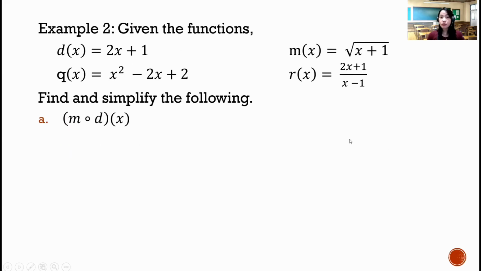In example number 2, given the functions d of x equals 2x plus 1, q of x equals x squared minus 2x plus 2, m of x equals the square root of the quantity x plus 1, and we have here the function r of x equals 2x plus 1 all over x minus 1. We're going to find and simplify the composite function m of d of x.